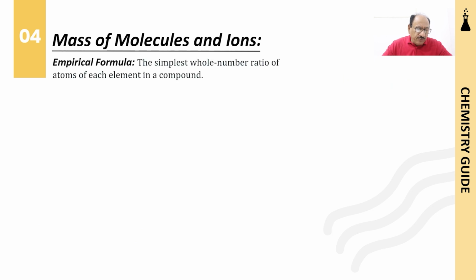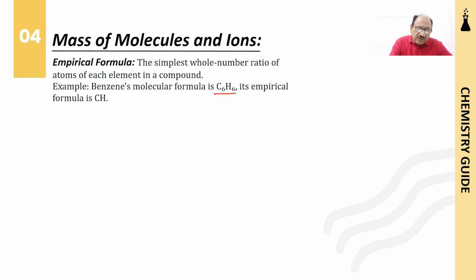Now, empirical formula. Empirical formula is the simplest whole number ratio of atoms of each element in a compound. For example, we can take benzene, which is C6H6, and its empirical, or the simplest whole number ratio, will be CH. So this will be the empirical formula.